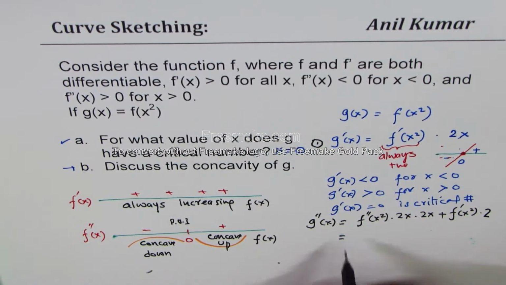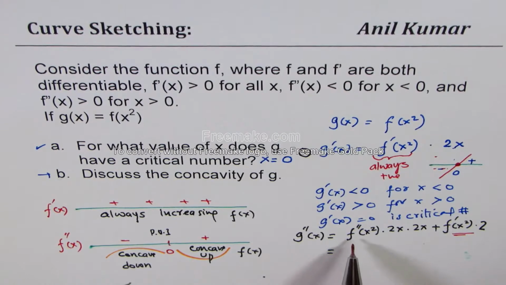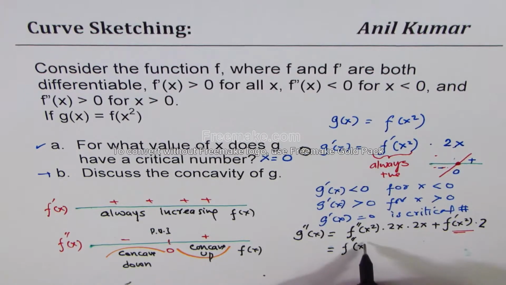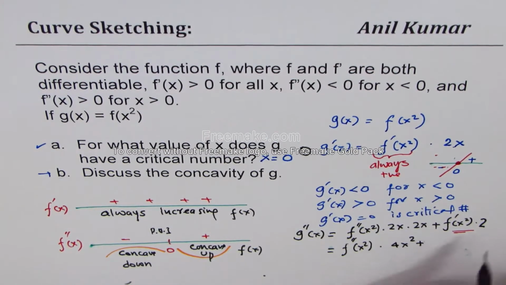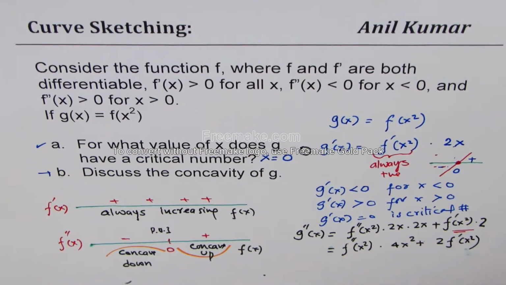So the first term is 4x squared. Let me rewrite this. We have second derivative of x squared times 4x squared plus twice derivative of x squared.